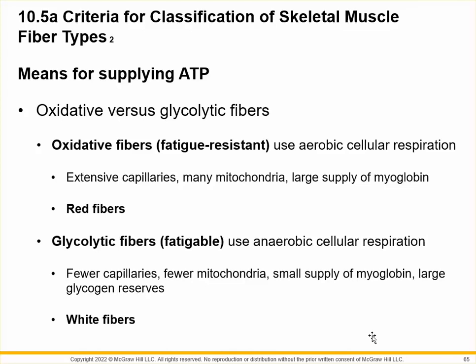And turkey breast meat is white. It doesn't have very much myoglobin in it, and it's starchy. It's got lots of glycogen reserves in it, and there's very few blood vessels in it. This is why turkey breast is white and has that starchy taste and not very many blood vessels.